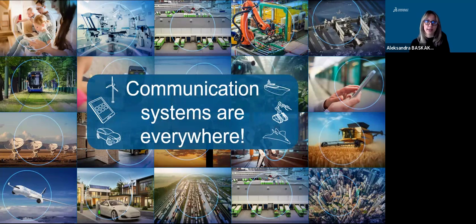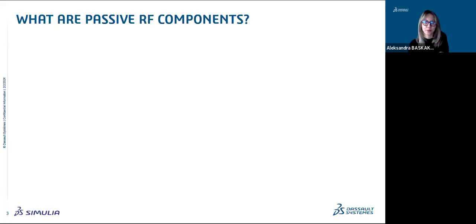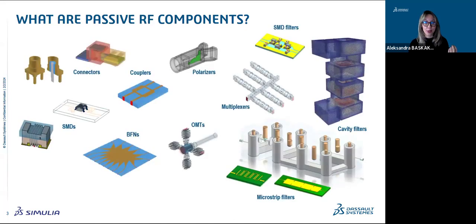They all contain antennas, discussed yesterday at our first Electromagnetic Day, and they all contain passive components sitting just behind these antennas. What are these passive radio frequency components? I'm referring to the passive components like feeding networks with filters, connectors, matching.